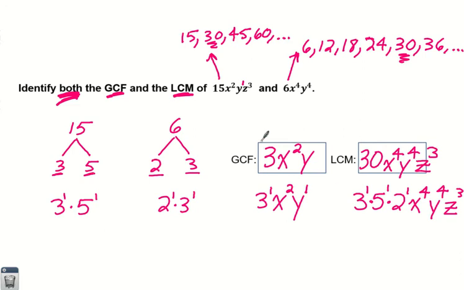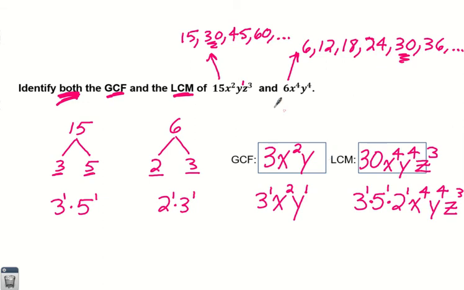So in conclusion, to find your GCF, you do the GCF of the numbers, however you do it. There are different methods, from listing them, whether in your head or on paper, to the prime factor tree method. But the bottom line is you find the GCF of the numbers and put it in there, and then you do the GCF of each variable, x's, y's, and z's, separately and put them in the final GCF.